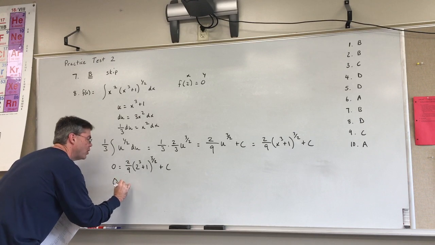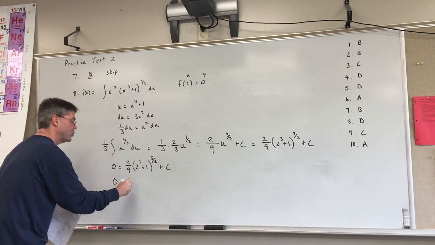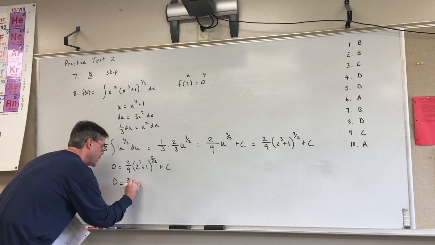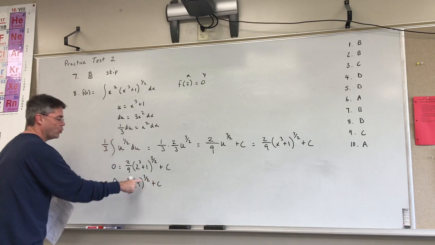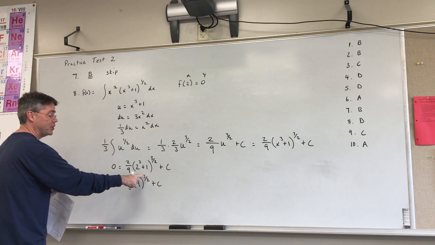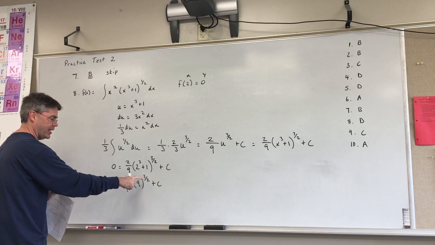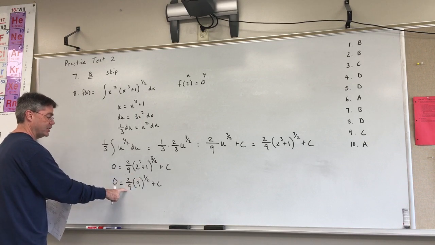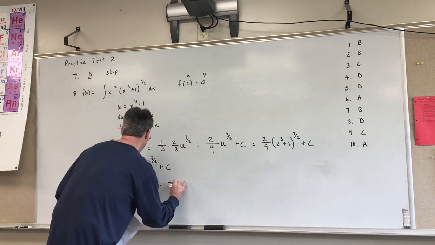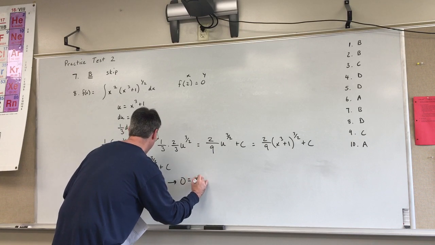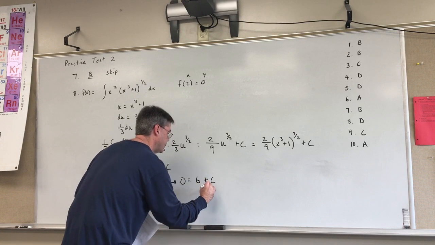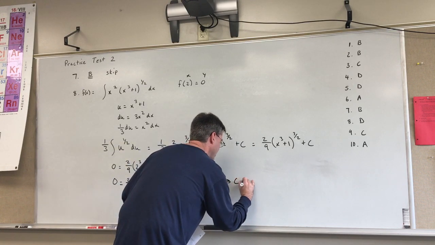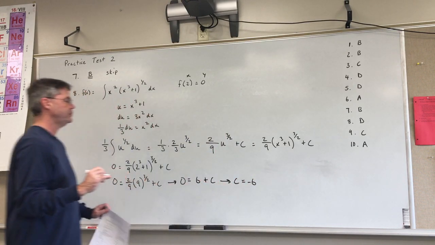So we would have 0 is equal to 2 cubed is 8, so 2/9 times 9 to the 3/2 plus c. The square root of 9 is 3. 3 cubed is 27, not 9. 27 divided by 9 is 3, so you would have 0 is equal to 6 plus c. So that means c is equal to -6.